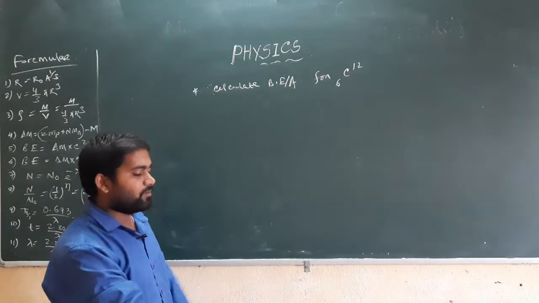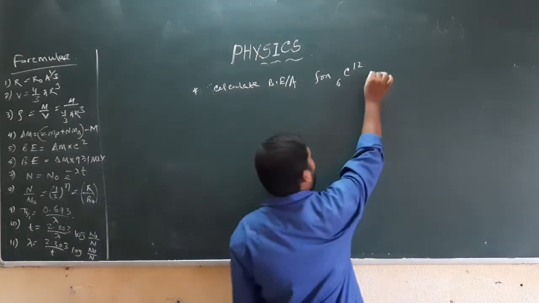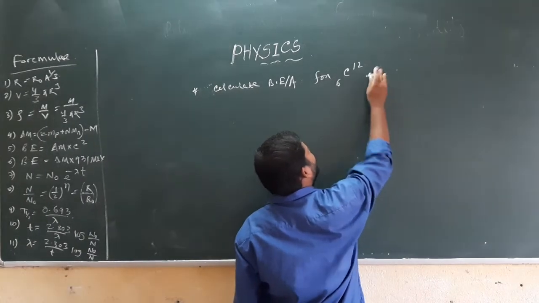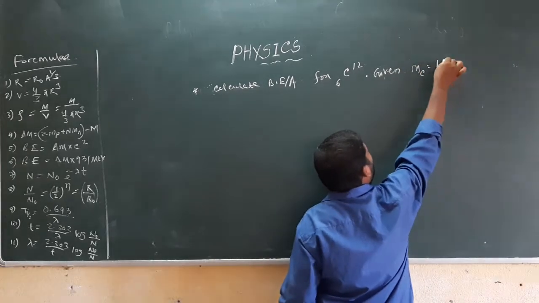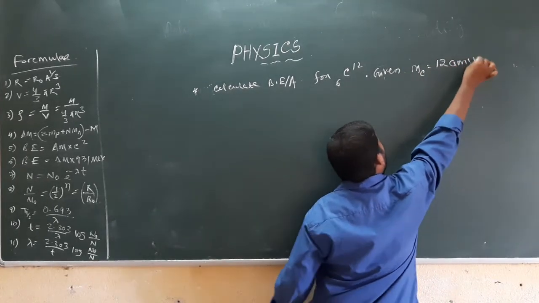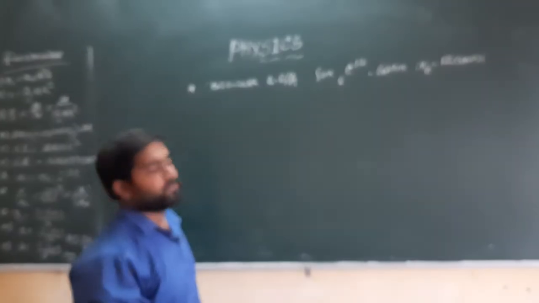For carbon 12, the given mass of carbon is equal to 12 atomic mass unit.